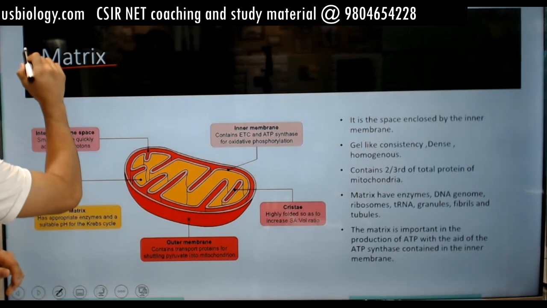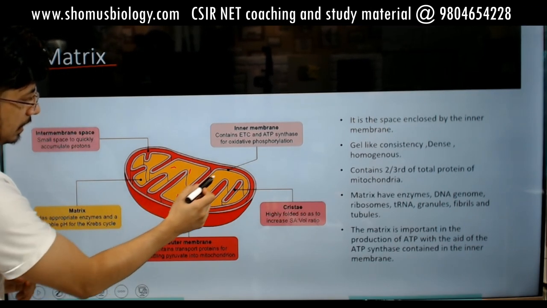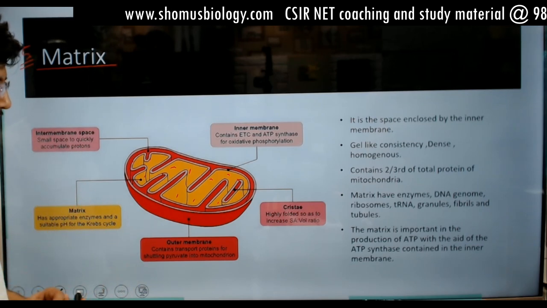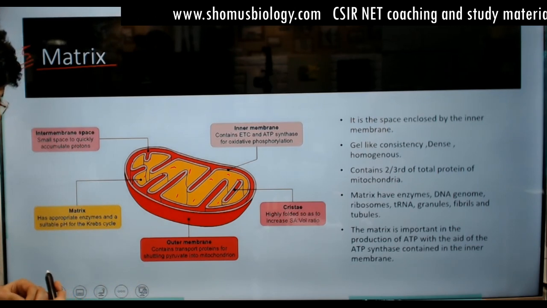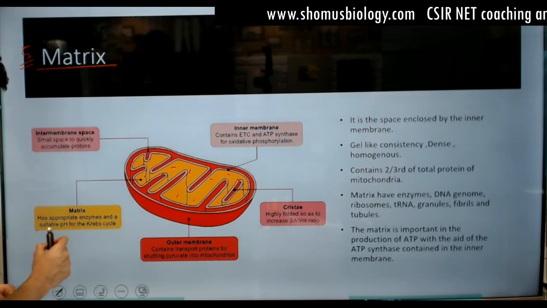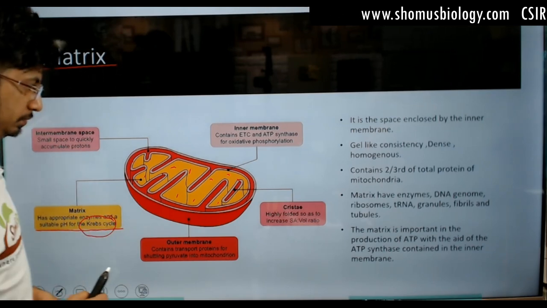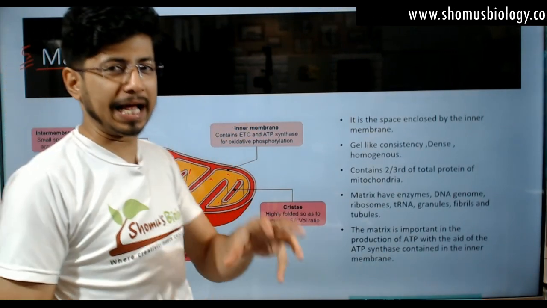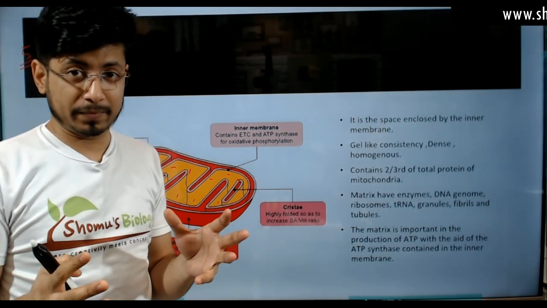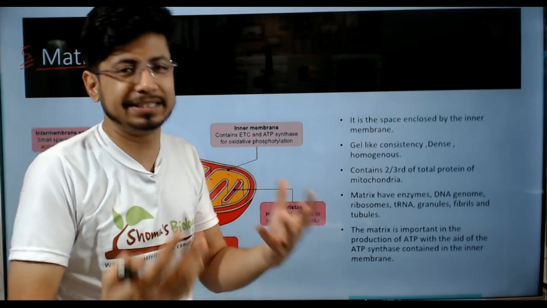Now what is the matrix? The fifth component, the matrix, is the center-filled cavity that is known as the matrix here. The matrix has appropriate enzymes and suitable pH for the Krebs cycle process to continue. The mitochondrial matrix serves as the place for one of the most vital carbohydrate metabolism stages, and that is the Krebs cycle or TCA cycle.